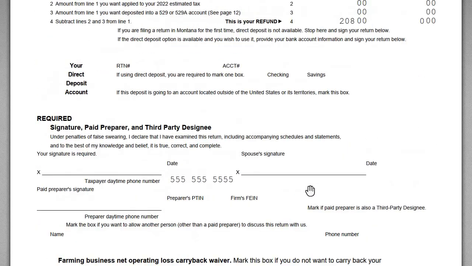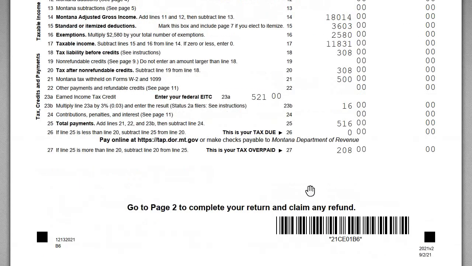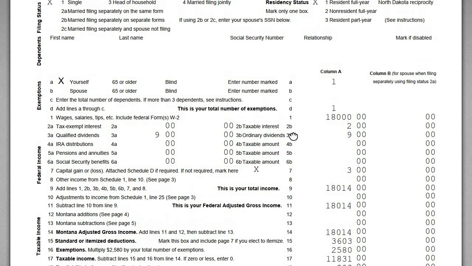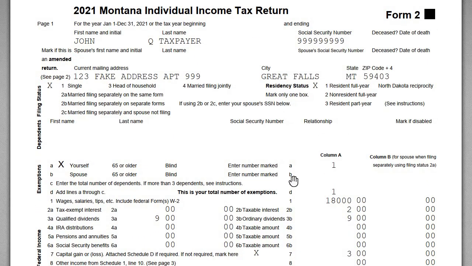You can see, Montana is a very lean return, only 2 pages, assuming you don't have anything else that needs to be added here. But the messaging here is when you're a resident in a state that imposes an income tax, you want to be very careful to not only capture all the federal tax credits that you might be eligible for, but these additional state tax credits.